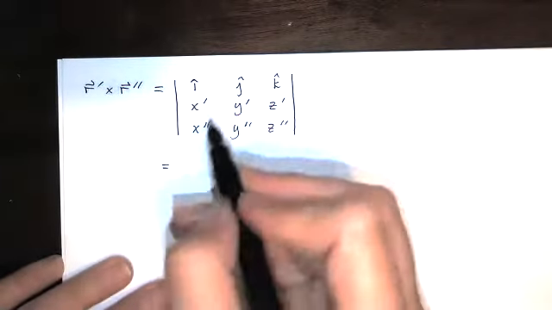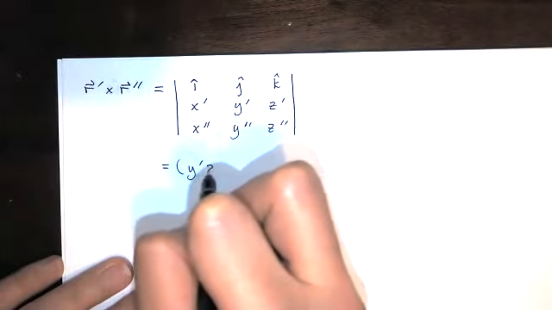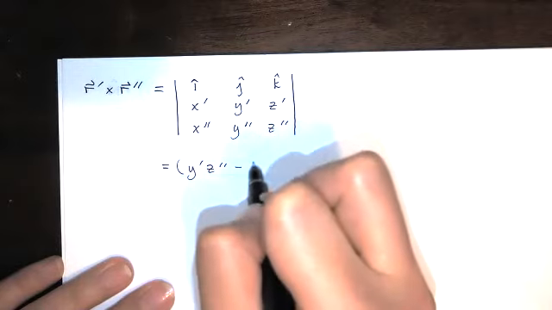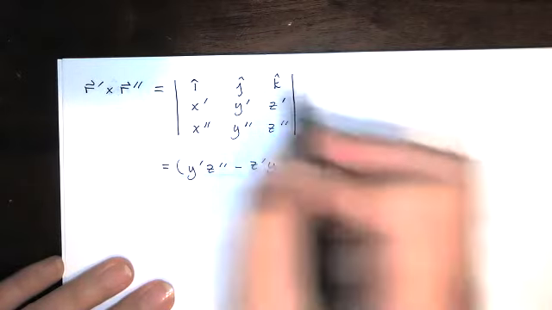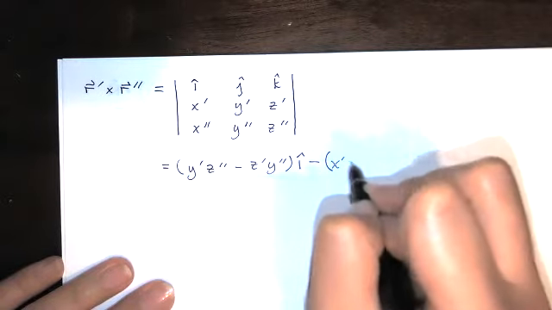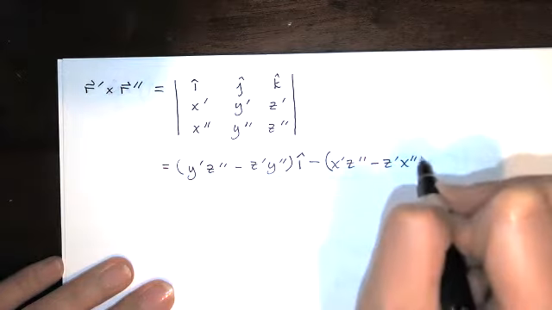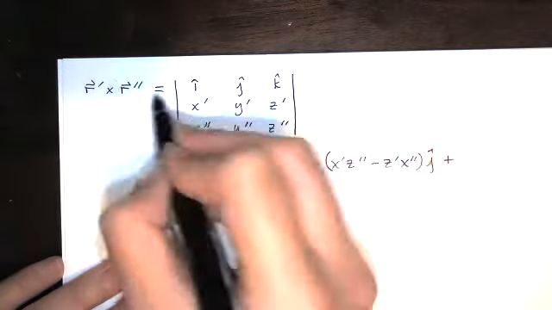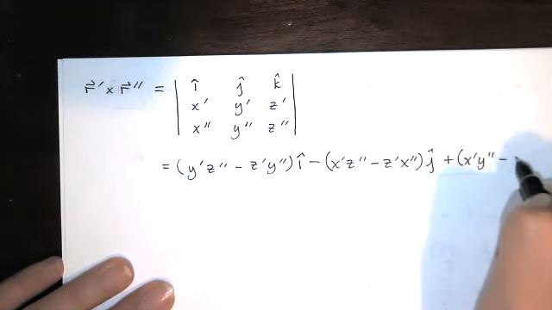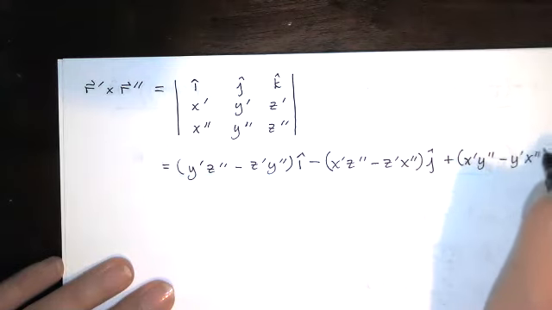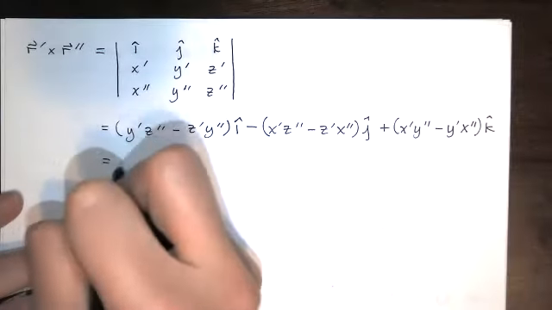If I take the cross product, I get, cross out this row and this column, y prime z double prime minus z prime y double prime times i hat, minus, cross out this row and this column, x prime z double prime minus z prime x double prime times j hat, plus, cross out this row and this column, x prime y double prime minus y prime x double prime times k hat. So I've got all of that there.